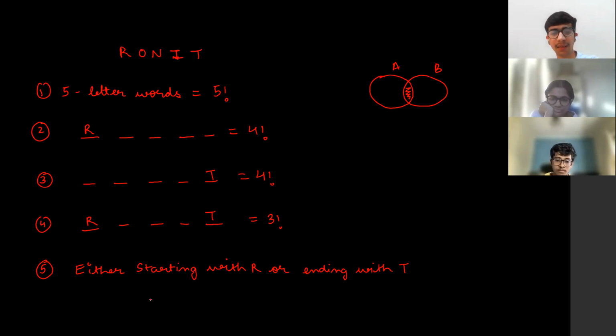The words starting with R, it will be 4 factorial, plus the words ending with T, it's again 4 factorial, minus दोनों conditions, starting with R as well as ending with T. So R and T वाले combinations are 3 factorial. So 4 factorial plus 4 factorial minus 3 factorial. All clear? Great.